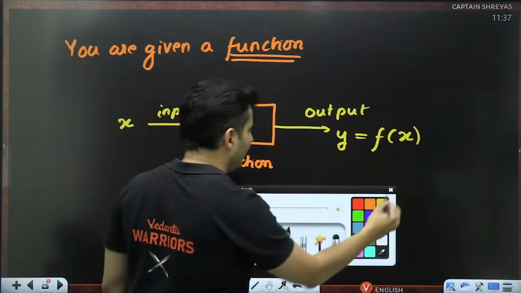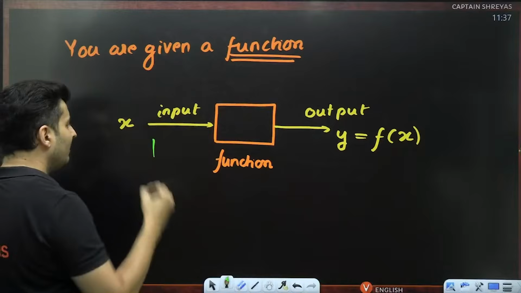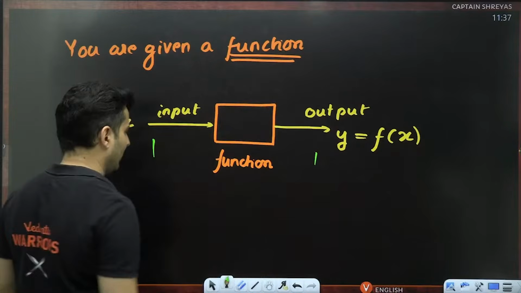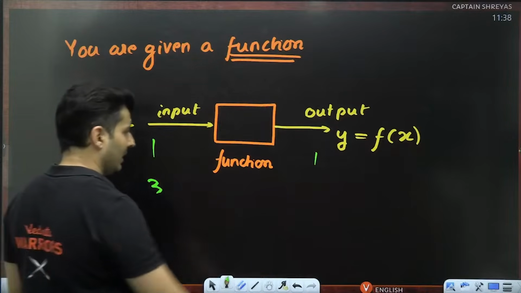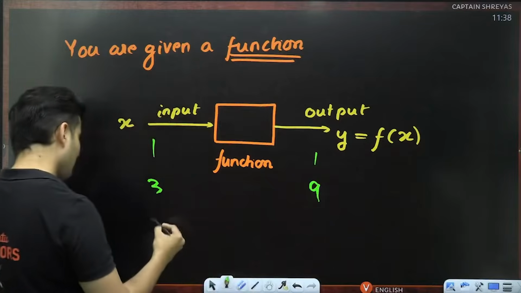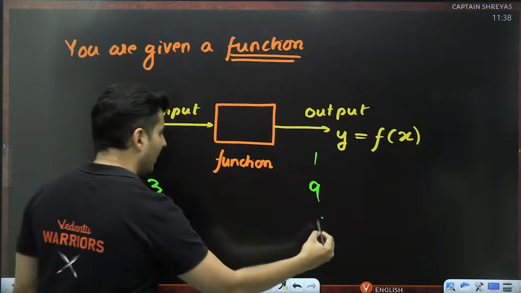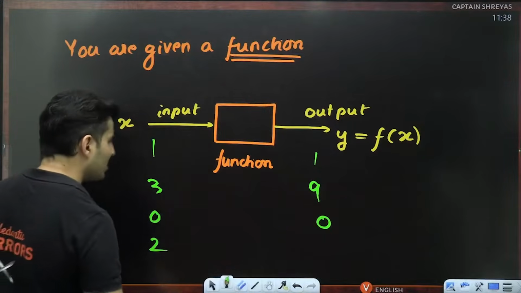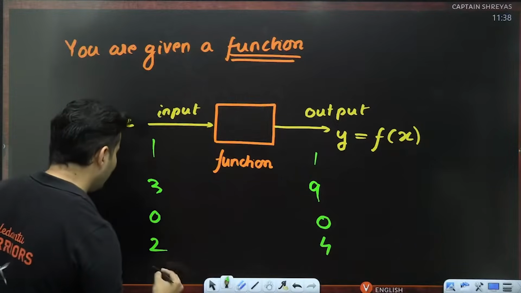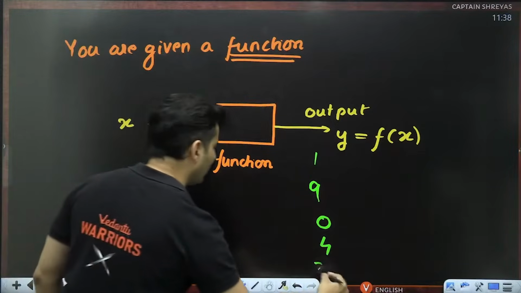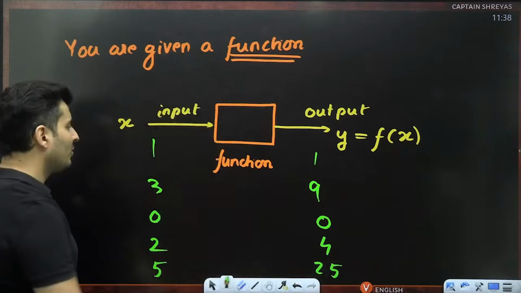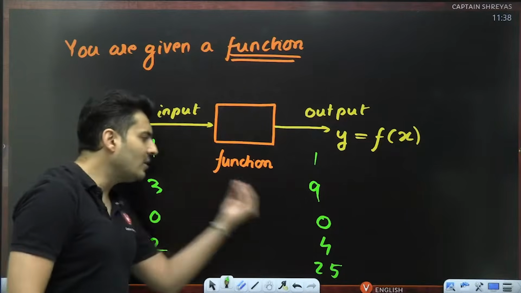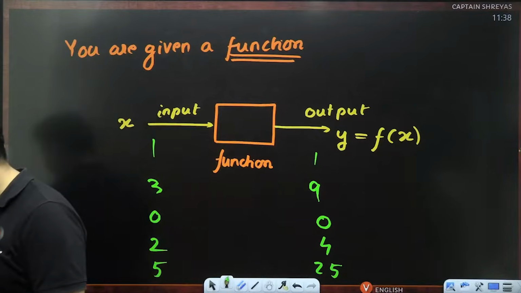For example, I tell you that if I give the input as 1, I get output as 1. If I give the input as 3, I get the output as 9. If I give the input as 0, I get the output as 0. If I give the input as 2, I get the output as 4. If I give the input as 5, I get the output as 25. Can you guess what this function is, my dear students?